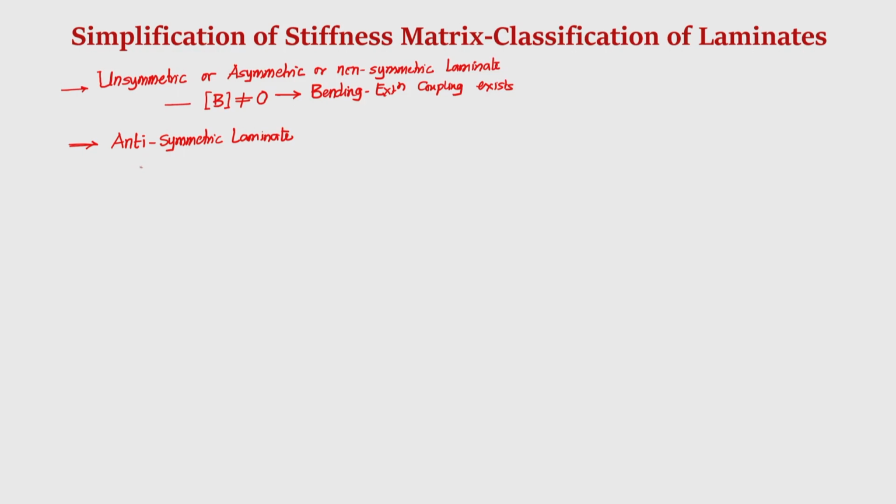An anti-symmetric laminate is where the balanced pair of plus theta and minus theta, where this is also a balanced laminate, are symmetrically placed with reference to the mid surface.